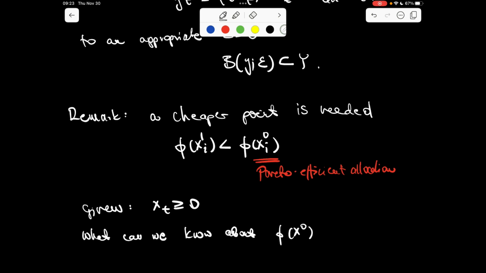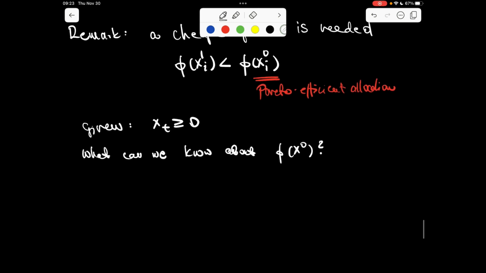What can we know about this price system, possible price system? We can rule out the possibility of negative prices to any t.